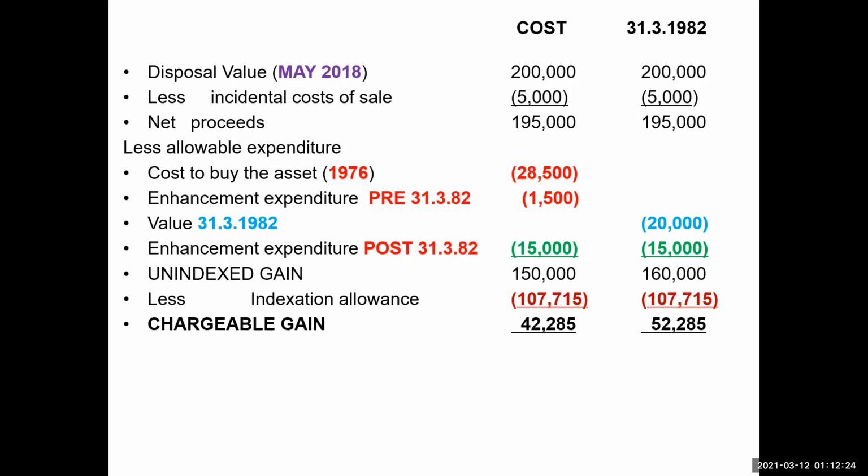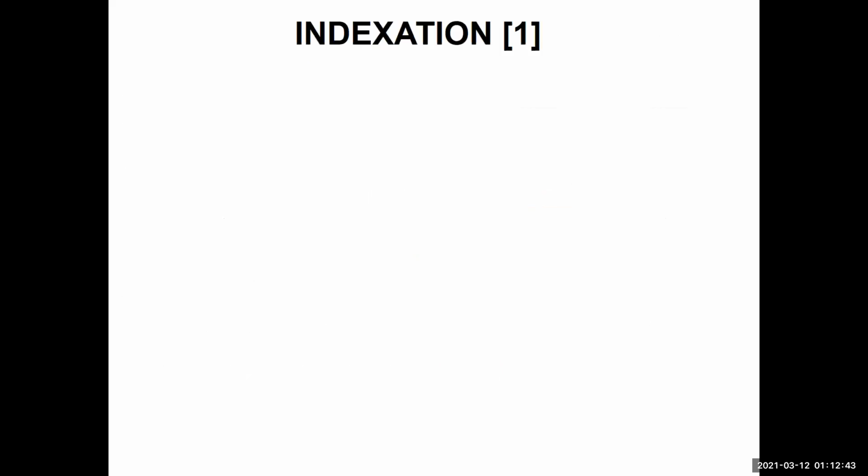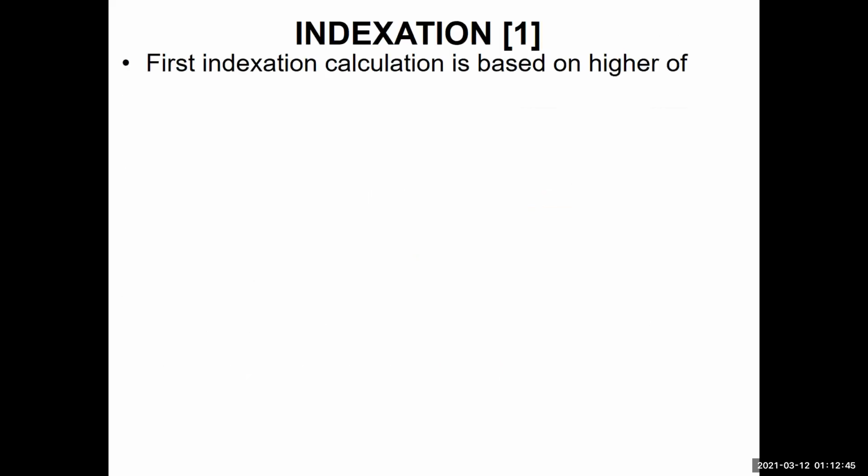But post-1982, we're getting a gain of 52,285. But the rule says that if both are gains, we take the lowest of the gains. So we're going to take 42,285. That's what we will take as chargeable gain and post it to our financial account and then pay tax on this. Okay. All right.